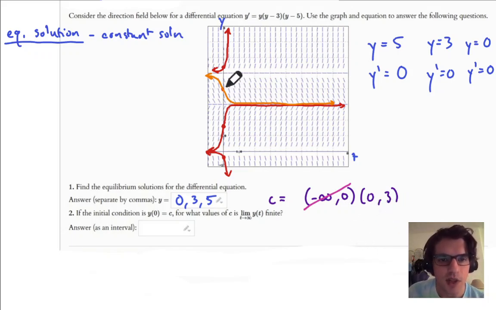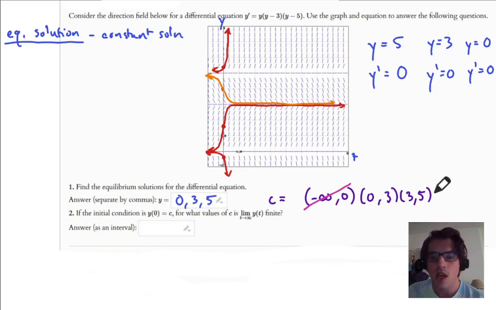The next interval would be from 3 to 5. Any value C here would see us going to infinity, but we're going downwards here. We're going down to this solution, and we'll talk about that later, what that means. It's certainly a finite value.